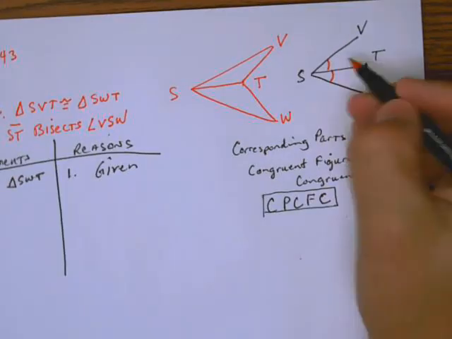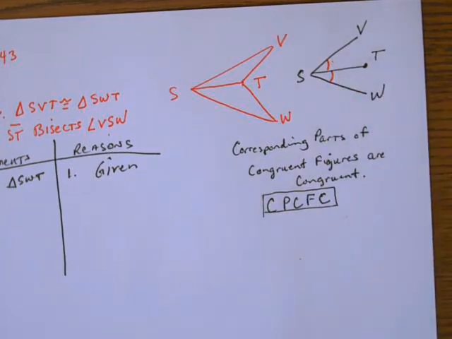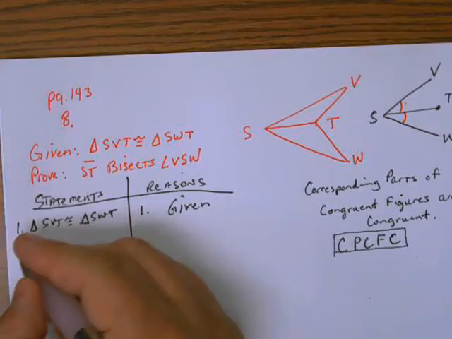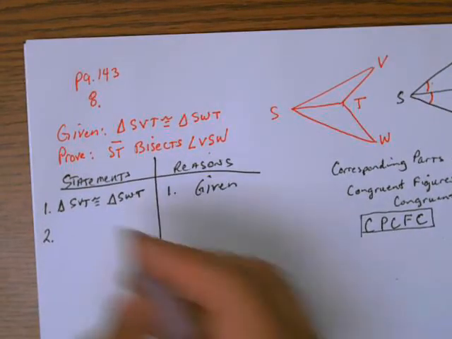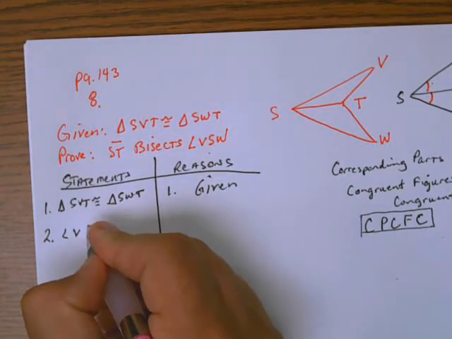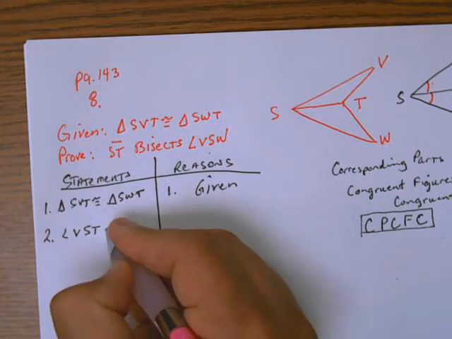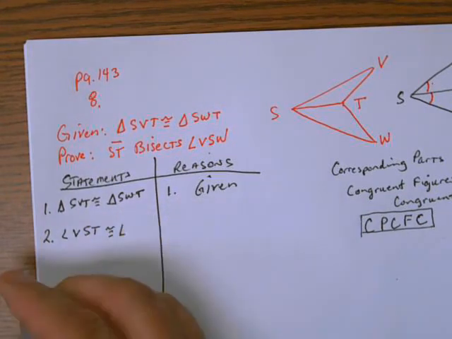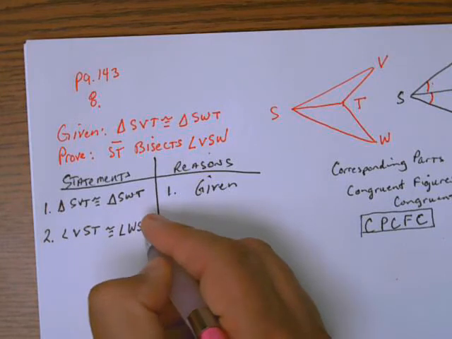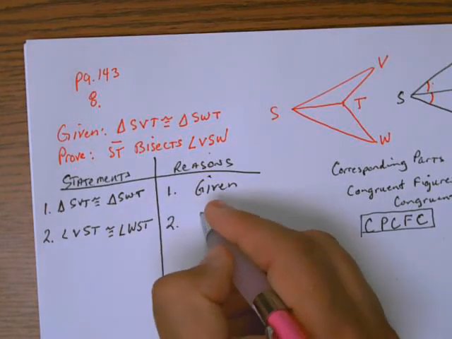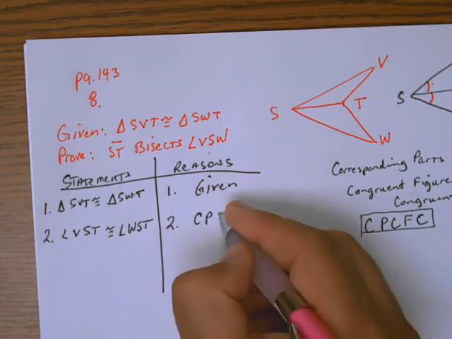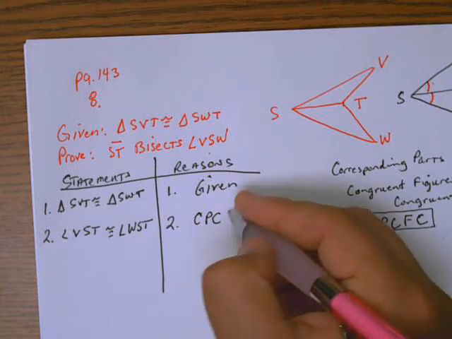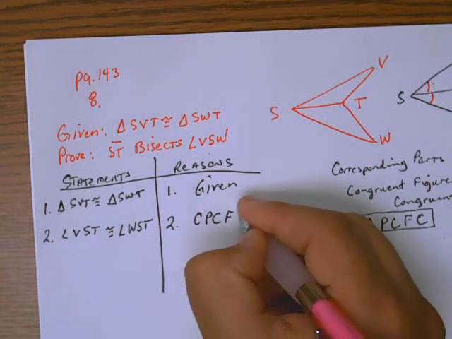Do I know that these two angles are congruent? Yes, I do. They're corresponding parts of congruent figures. So step 2 of my proof is that angle VST is congruent to angle WST. And I don't mind if you do this: corresponding parts of congruent figures are congruent.